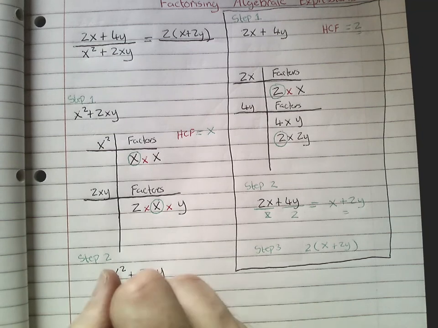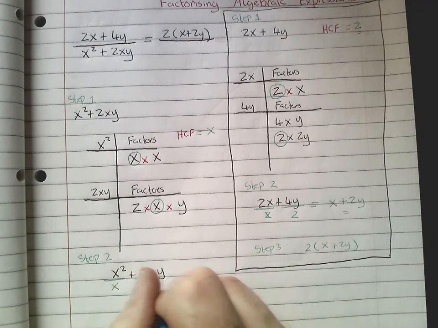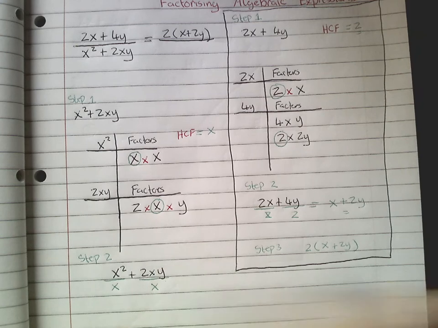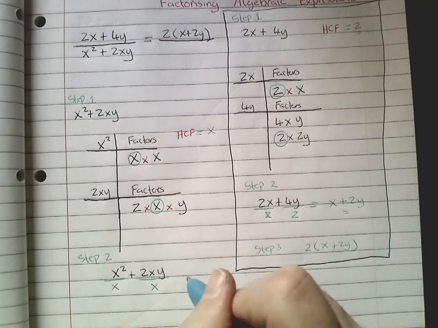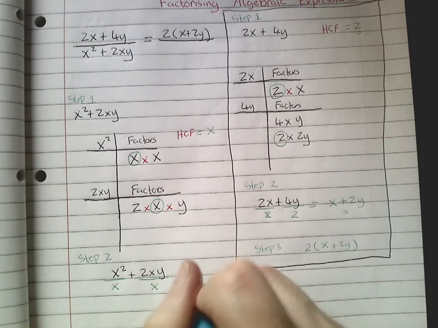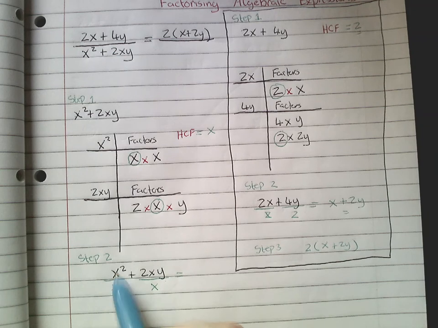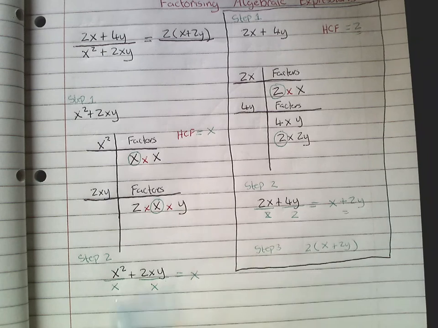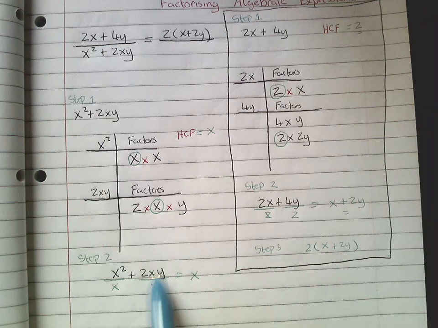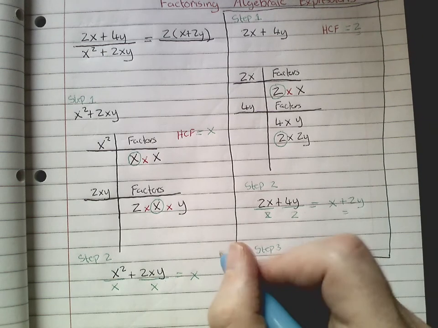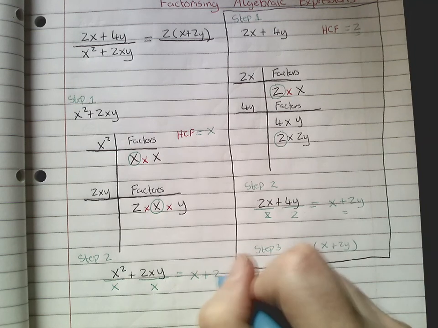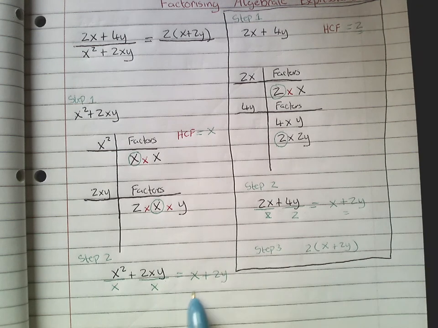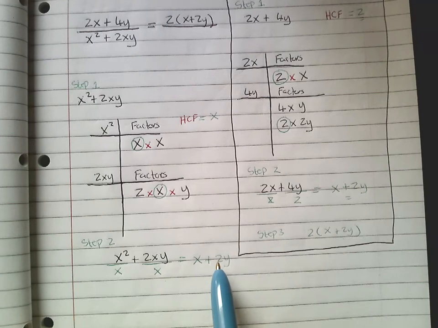So we divide this by x, and we divide this by x, like so. And what's that going to be equal to? x squared divided by x will just leave you with x, and then 2xy divided by x will just leave you with plus 2y. So that's step 2.